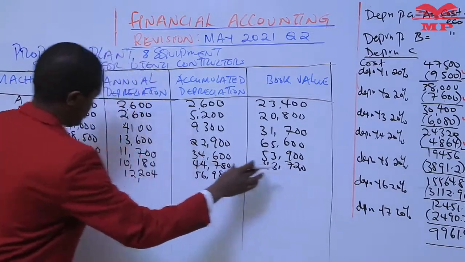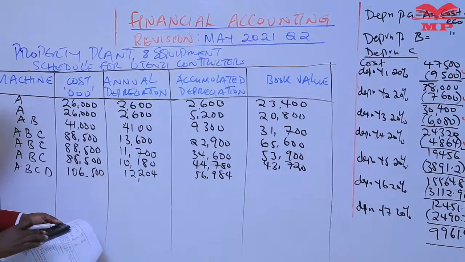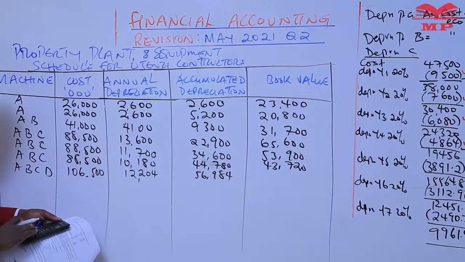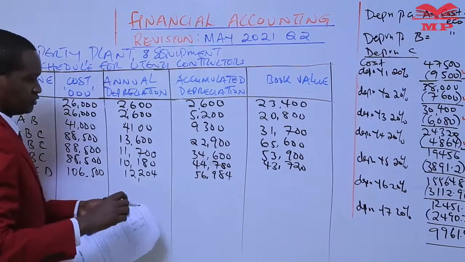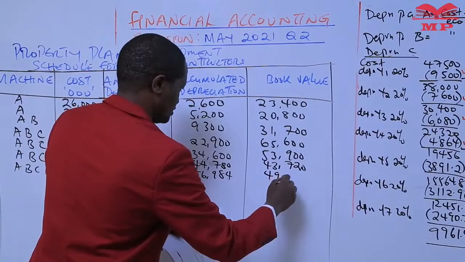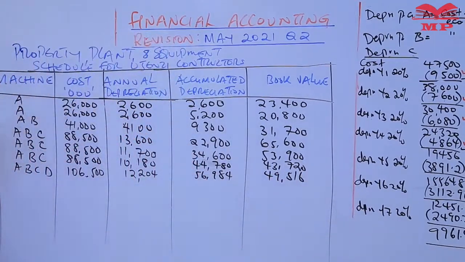Book value will be equal to the cost of 106,500 minus 56,984. The book value of all the machines is 49,516.